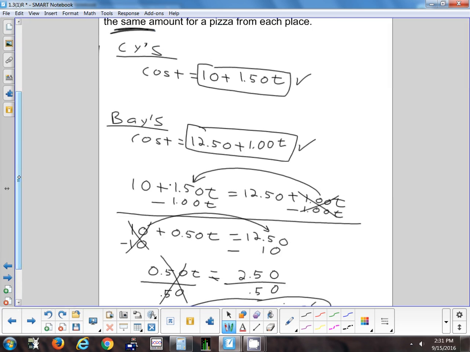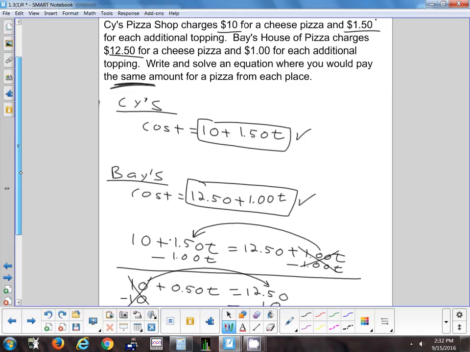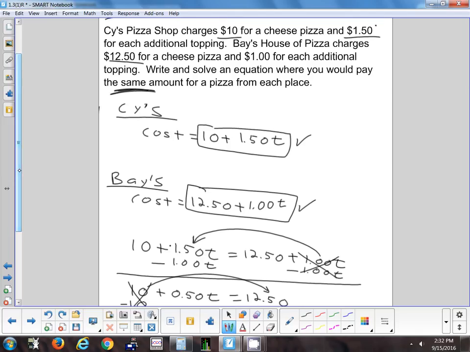Now, let's say you were going to get a ton of toppings. You get like 30 toppings on the pizza. Who would it be better to get the pizza from if you're going to buy that many toppings? Well, one of them is going to start being a lot more expensive now. Okay, one of the places was cheaper at first, but if you buy a lot of toppings, who's it going to be cheaper to get the pizza from, Brett?